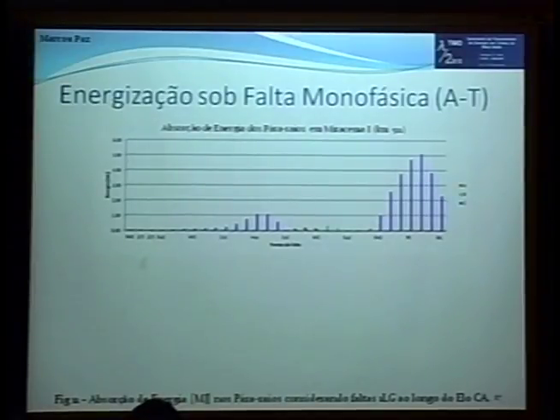So in the beginning of the line, the surge arrester that worked was the one located in Miracema 1, located at 511 kilometers in the line, where it acted for the fault around Imperatriz with an absorbed energy that was not very high, and it also worked for the faults applied from Serra da Mesa 2 until the end terminal in Bom Jesus da Lapa.